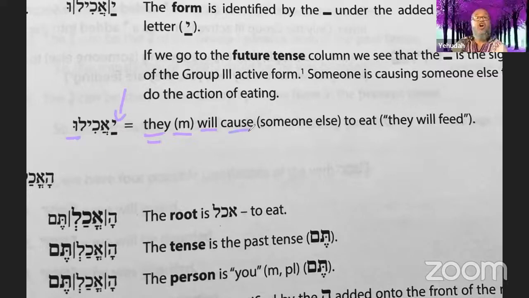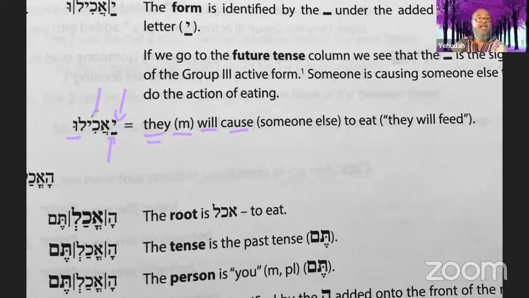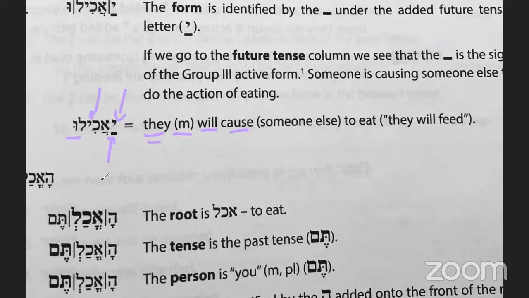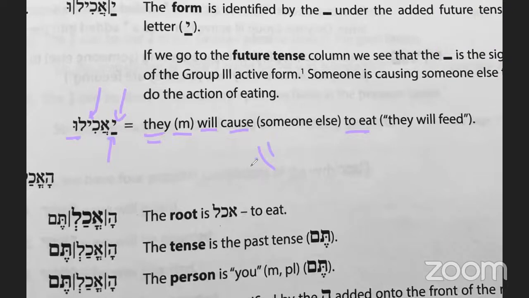What tells us cause? The three dots under the yod right here, and this too is an identifier. This is another thing that they didn't share, but it tells you that that's a causative, because you'll see that with a hifil. What tells us that it's to eat? The three-letter root. That's it. So do you see the process?